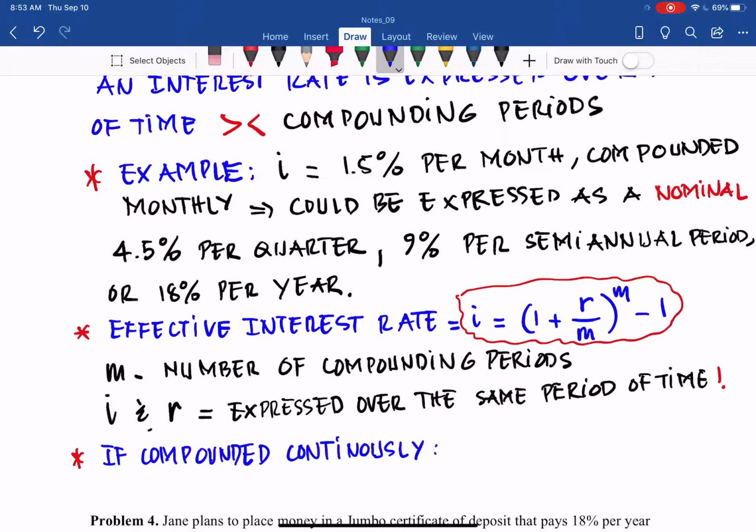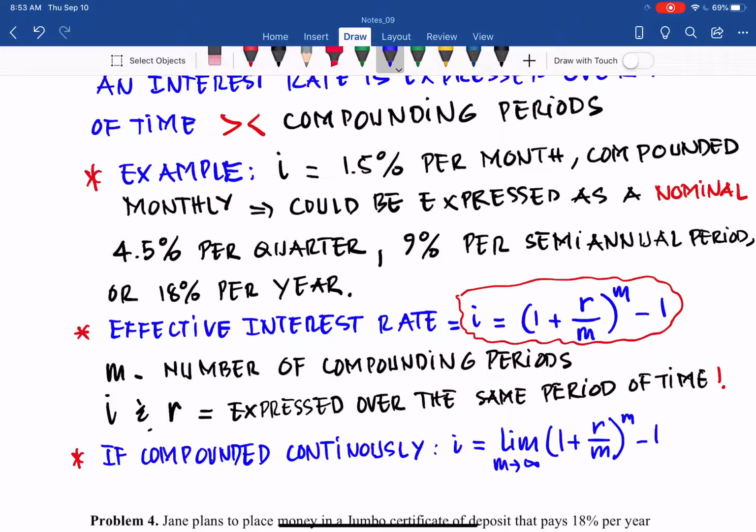Then we have the limit: I equals the limit of 1 plus R over M, to the power M, minus 1, as M goes to infinity.